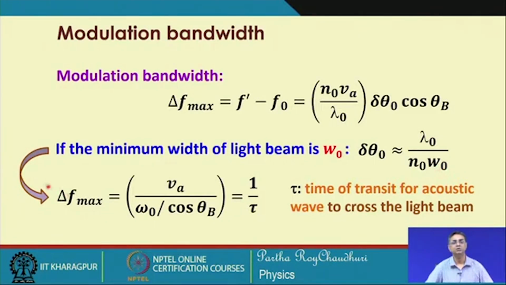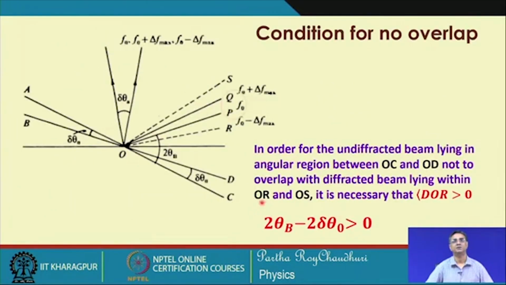So, if I use this, then you get delta f max, which is equal to acoustic velocity by this quantity, which is a direct consequence of this expression. And then this is the inverse of the transit time, the reciprocal of the time of transit for the acoustic wave to cross the light beam. So, this we have seen earlier, that the delta f, and we will make use of this parameter to understand how it happens. So, let us now look at this.